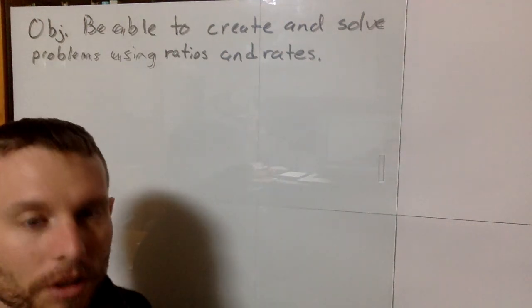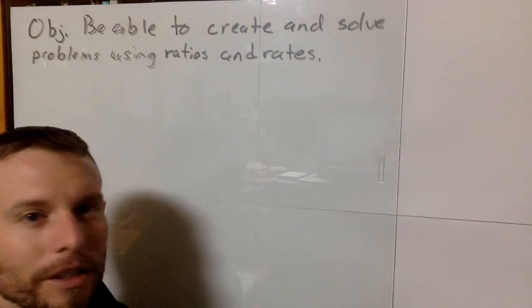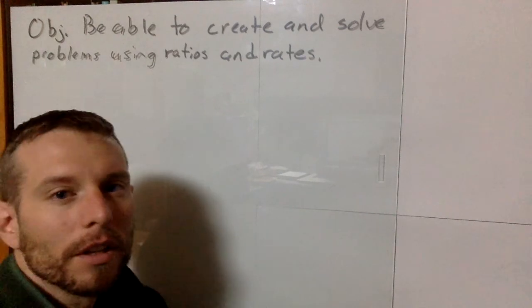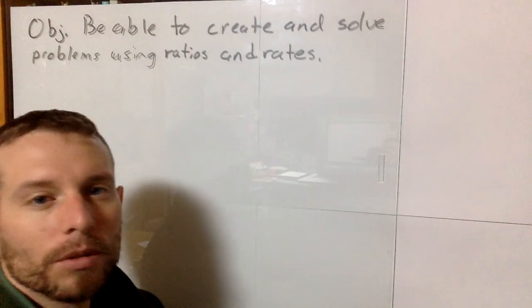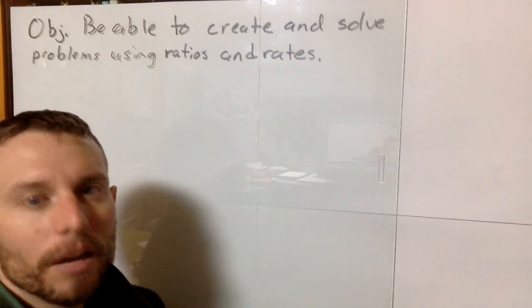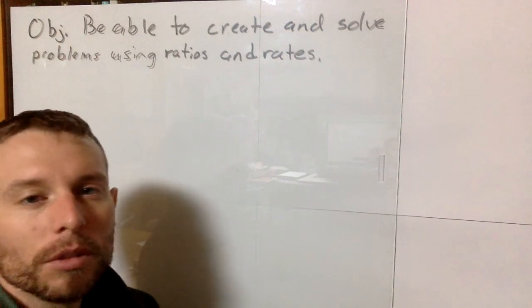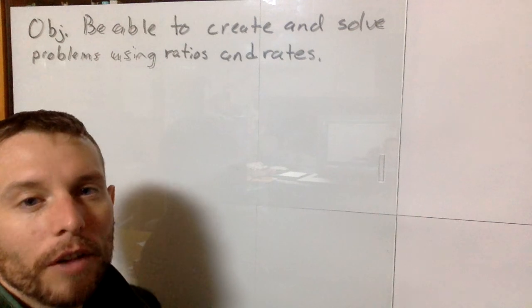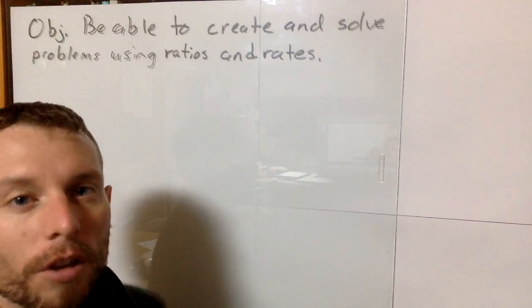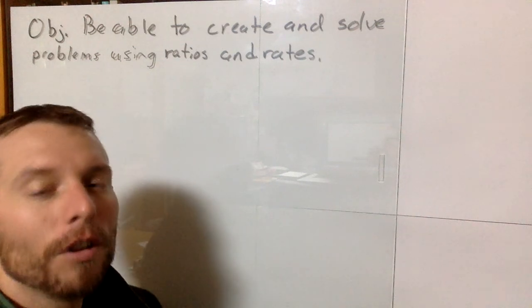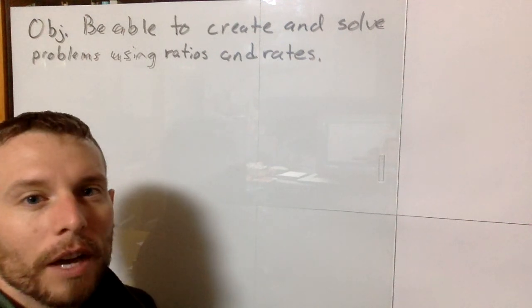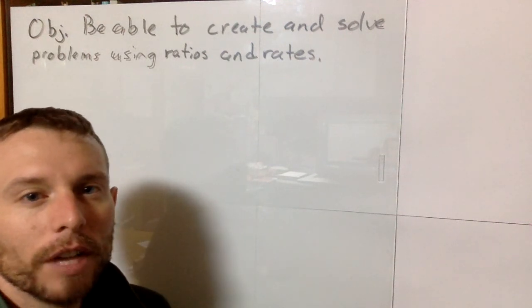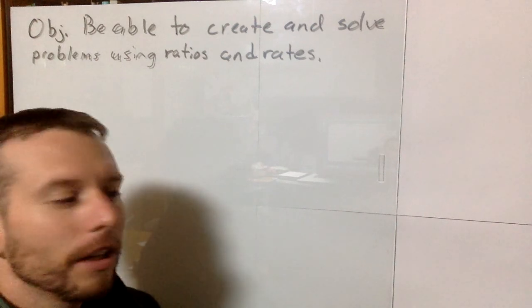So let's do ratios first. Let's say you interviewed some middle school girls, and out of 15 middle school girls, five are One Direction fans. I know it's probably a low number. So you have five girls out of 15 total that like One Direction.